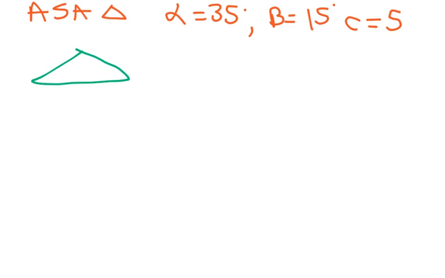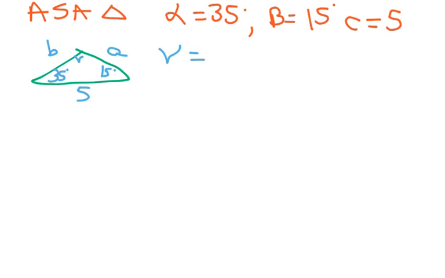So my alpha is 35, and the side across from alpha is my A. My beta is 15 degrees, and the side across from 15 degrees is called B. And my gamma, I don't know what that is, but the side across from gamma is 5. Now, if you notice, I don't have anything to use here until I find what gamma is.